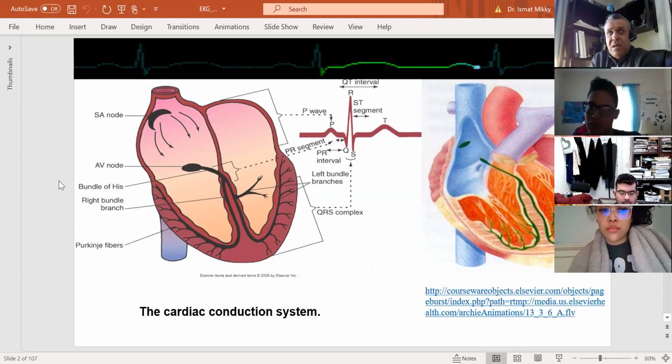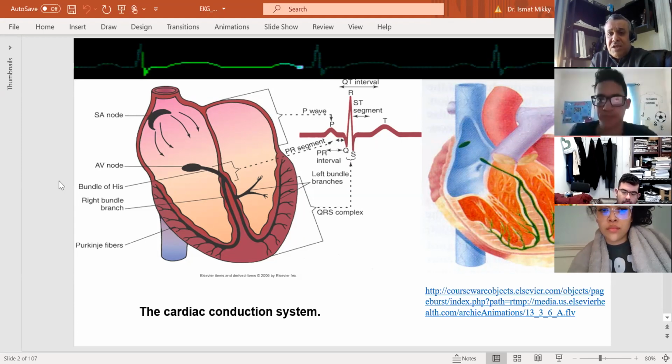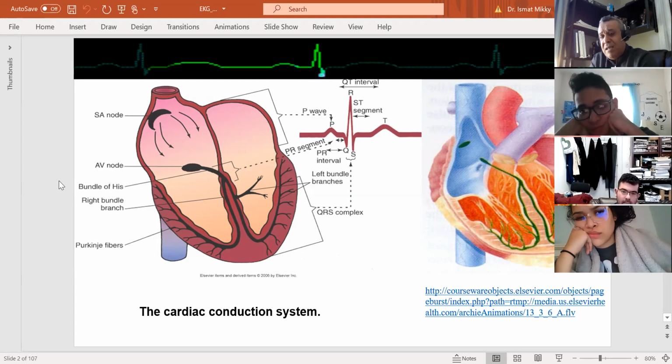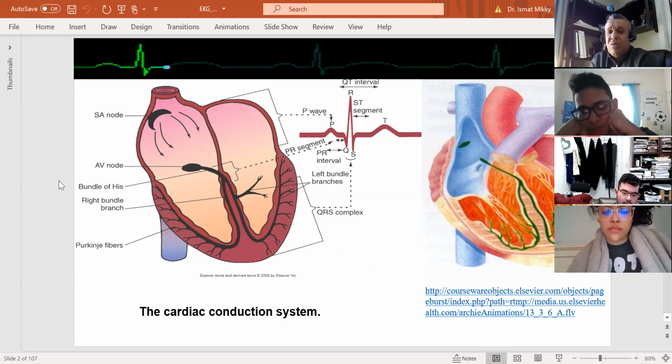So we need a normal conductive pathway for the impulse, which you can call innervation, and then mechanical contraction.